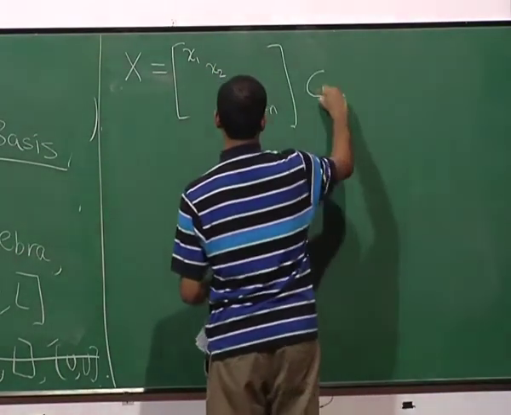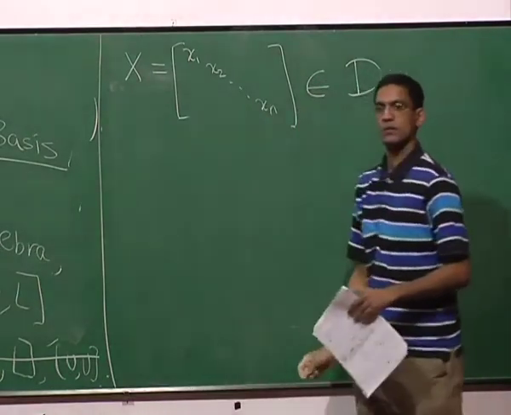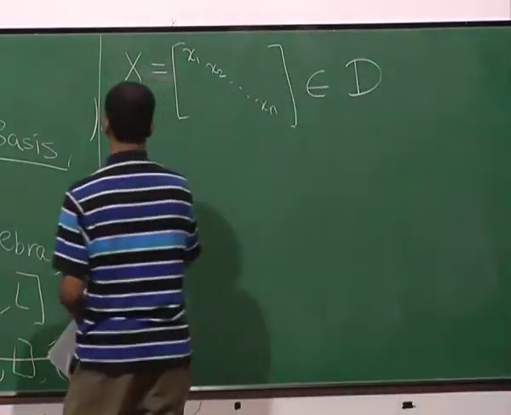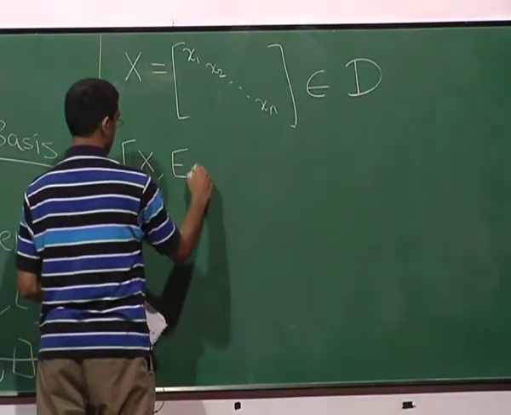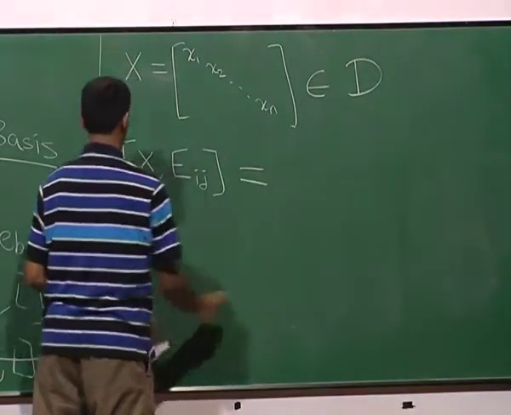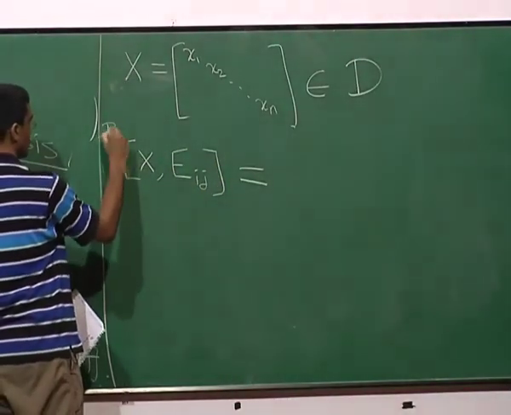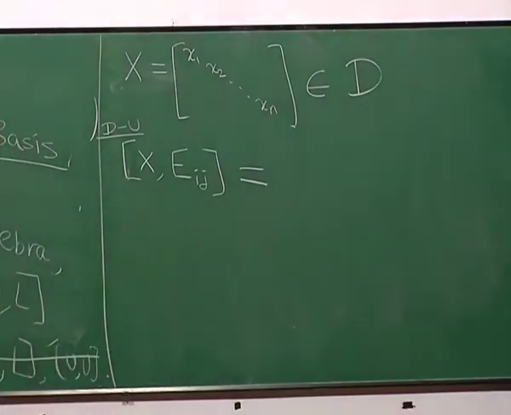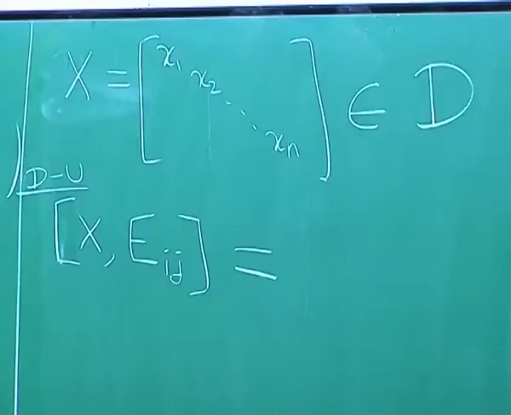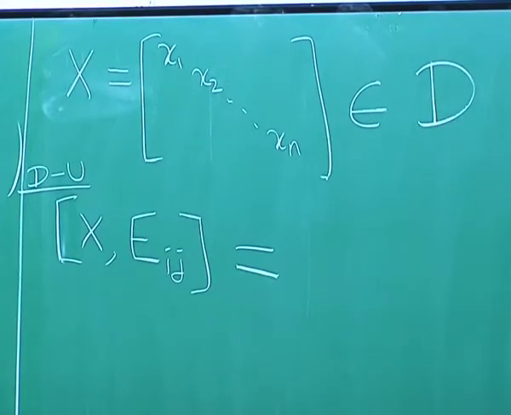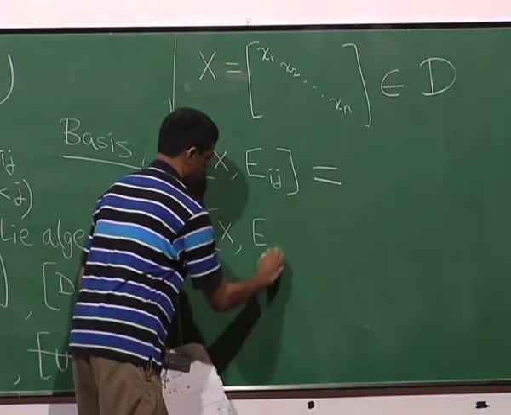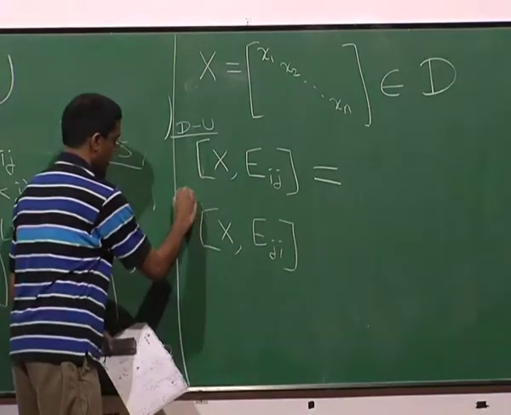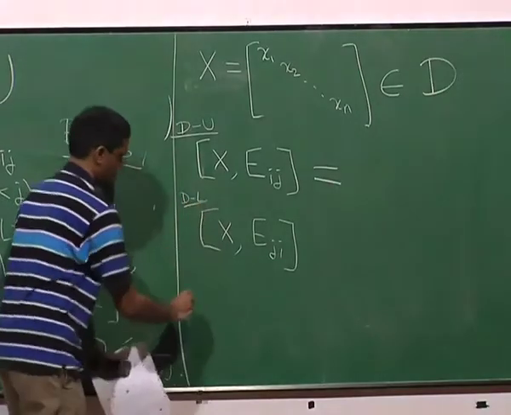So I'll take a diagonal element of trace 0 and ask how it commutes, I mean, what's its bracket with something in U? Okay, so you should think of this as trying to do the calculation D with U. So we're trying to figure out how D and U commute. So x with Eij, and similarly, what is x bracket with Eji?